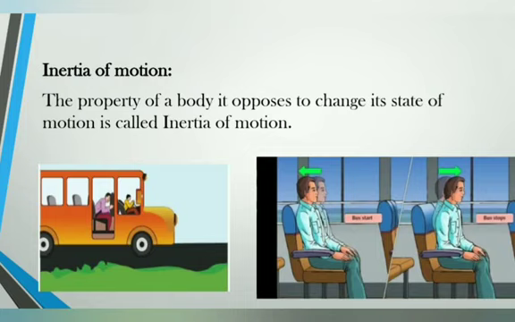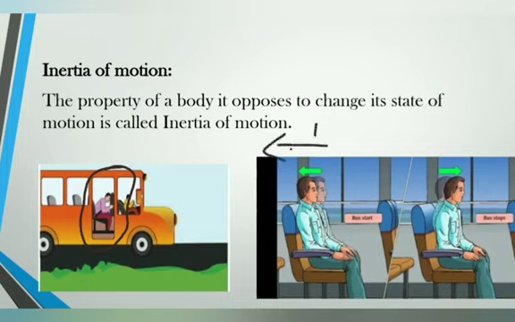In the diagram, you can observe the bus suddenly stops and the person falls forward. This is due to inertia of motion. In the second picture, you can see when the bus suddenly starts, the person falls backward.